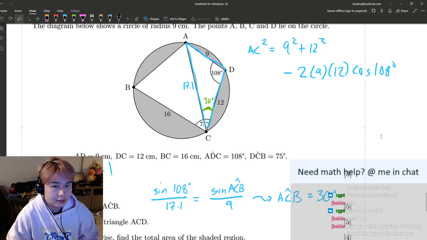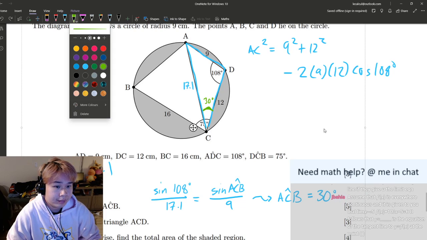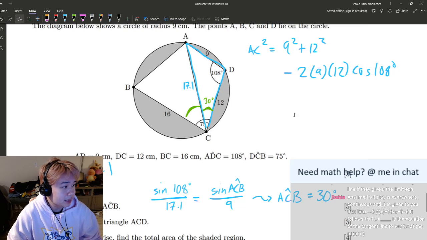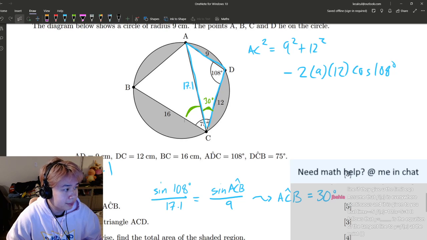Okay, so while that's happening, we need to find the area of the second triangle. And we're going to kind of use part B, and I'm going to use this angle because I know that this side is 17.1 and this side 16, so I can do the same formula again. I know that their combined angles together is 75, so that's 45.